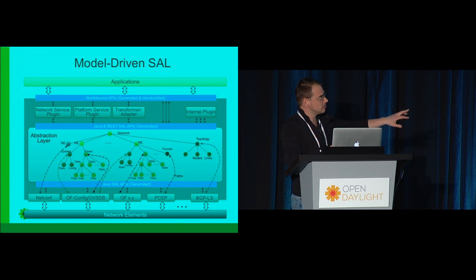The Yang models depict things like topology and things that are in the topology, network elements, flows, system attributes, various configuration options. And pretty much everything in the controller eventually will be modeled like this. And then the code will be generated for the southbound APIs as well as the northbound APIs.